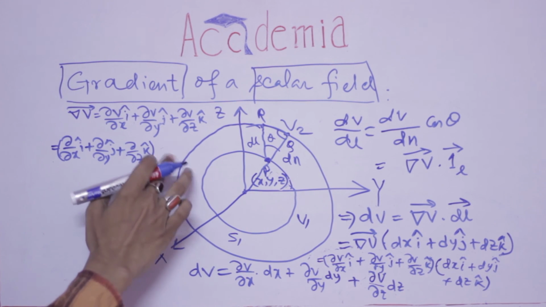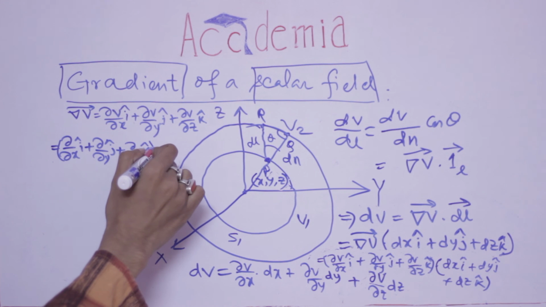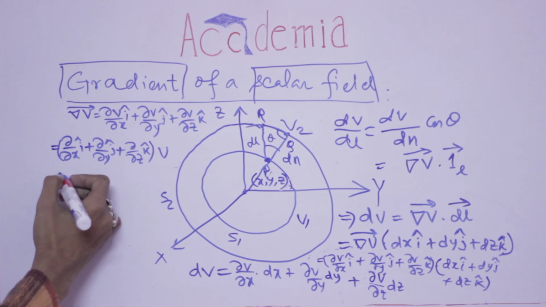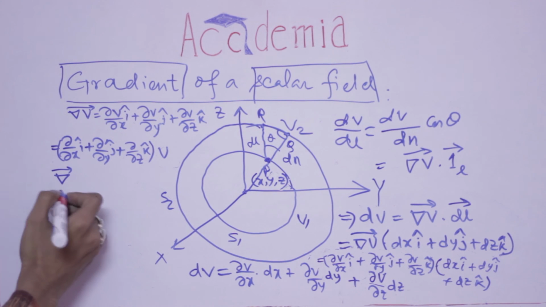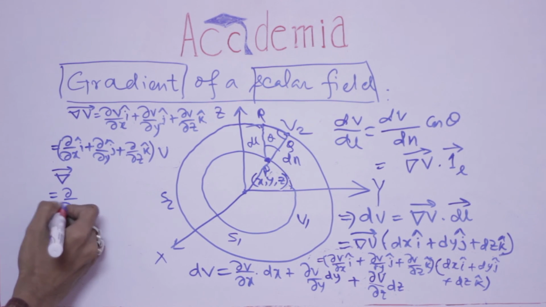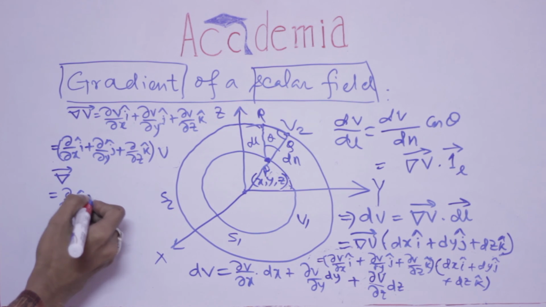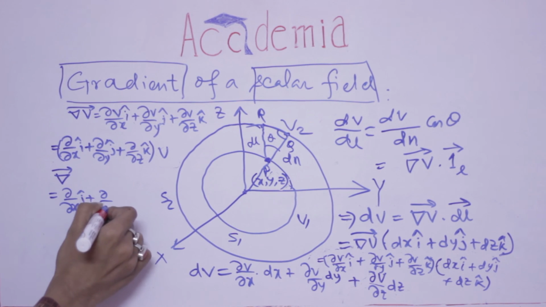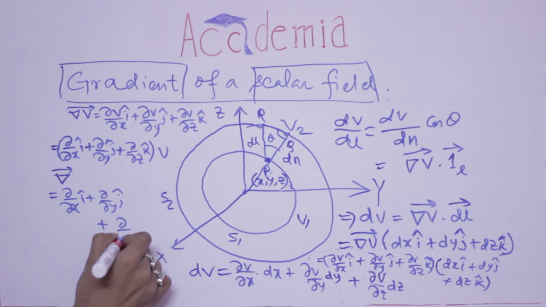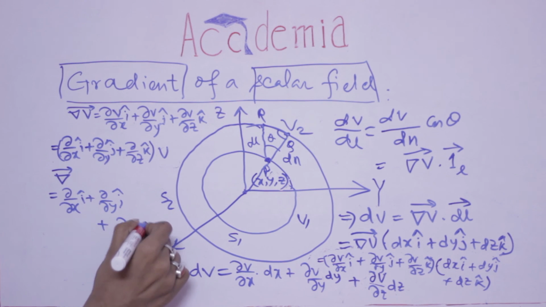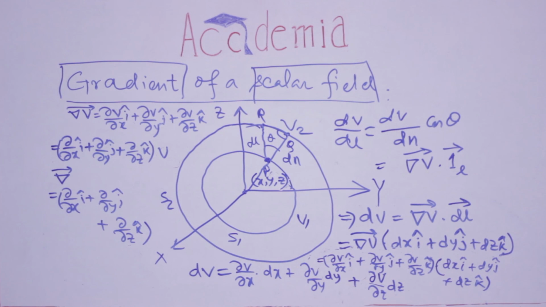So grad v can be written like this. Then what is this del operator or nabla operator? Del operator is actually equal to del del x i plus del del y j plus del del z k. So gradient itself is a vector operator which operates on a scalar to produce a vector.